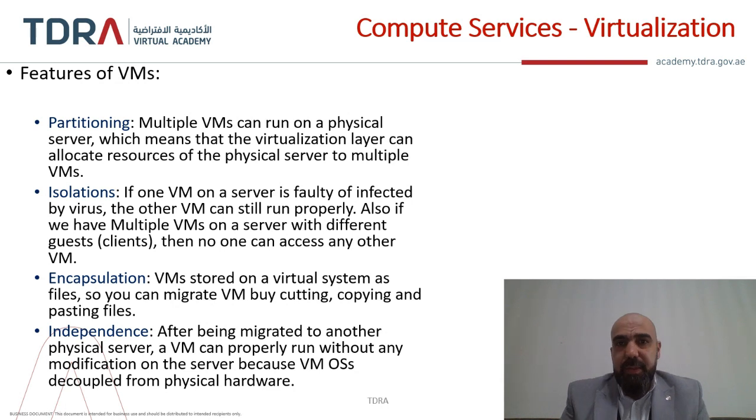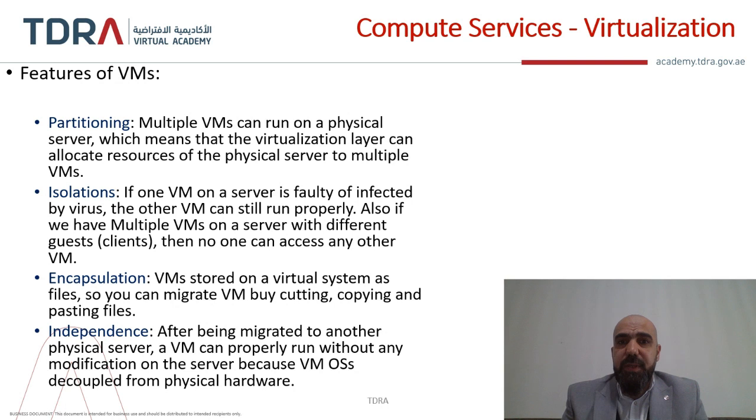Isolation: if one VM on a server is faulty or infected by a virus, the other VMs can still run properly. Also, if we have multiple VMs on a server with different guests, no one can access any other unless I put rules for them to communicate with each other.